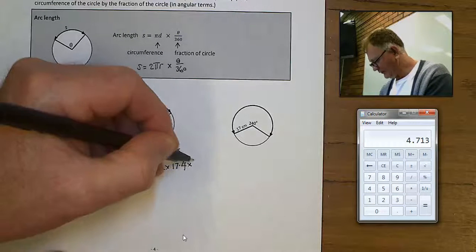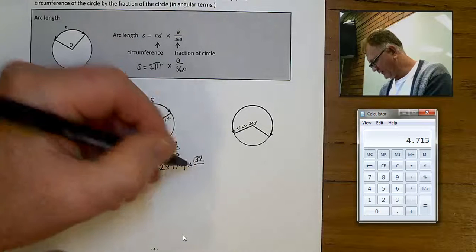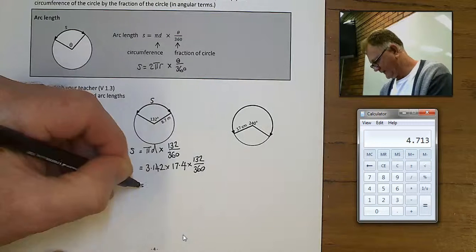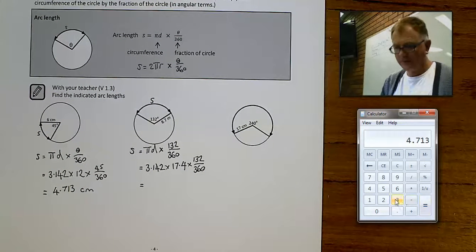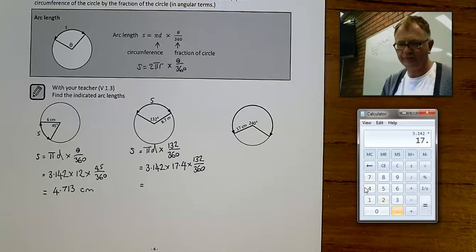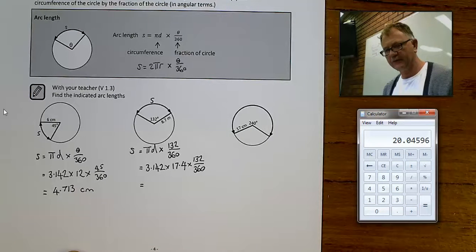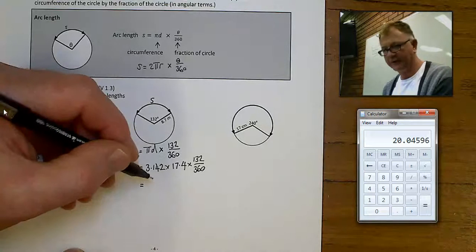So 3.142 times diameter 17.4, times 132, divide by 360. That's 20.046 to 3 decimal places.